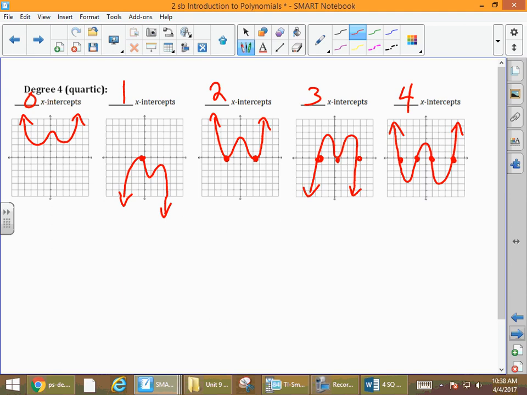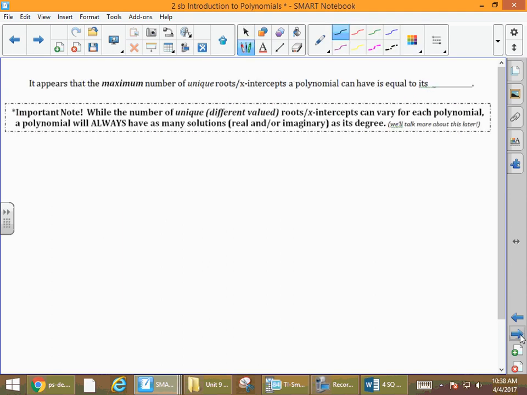And let's see if we can summarize this to finish here, or at least get close to finishing. It appears that the maximum number of unique roots or x-intercepts a polynomial can have is equal to what? So looking at the maximum.